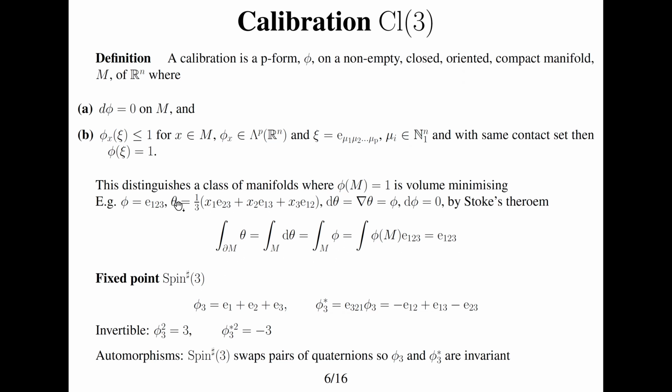And we know that because of the property of the scalar being a maximum of 1, the volume for the cube is the 3 form itself, because the product is 1 at some point. What does that mean for the spin group? Well, the spin group is actually a fixed point variant of a calibration.